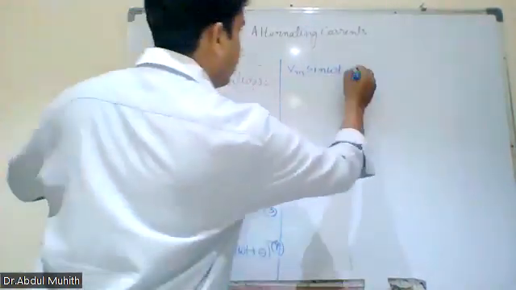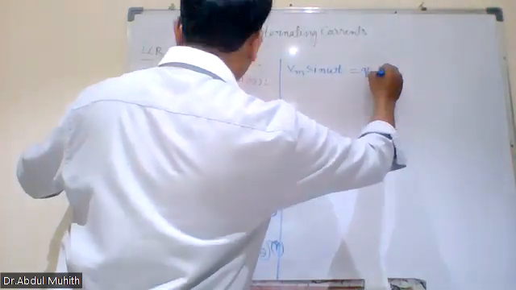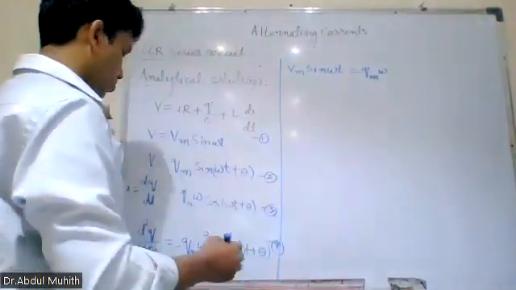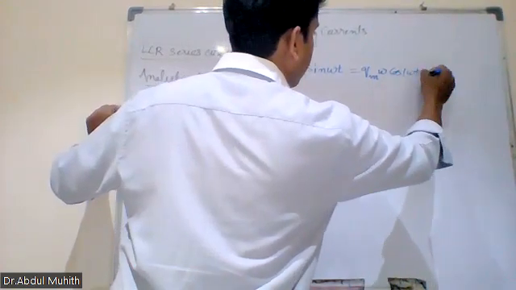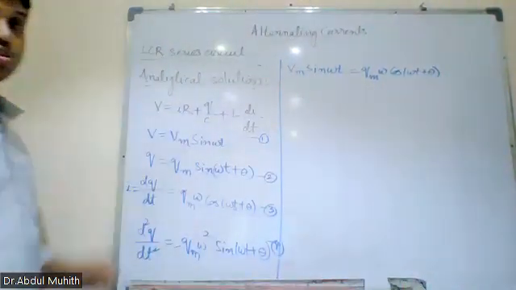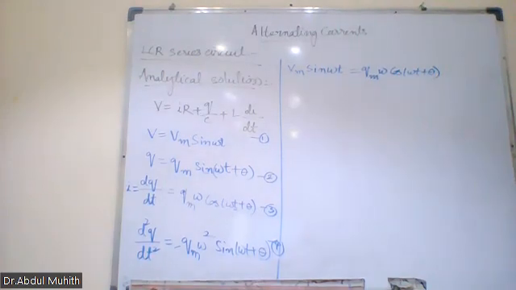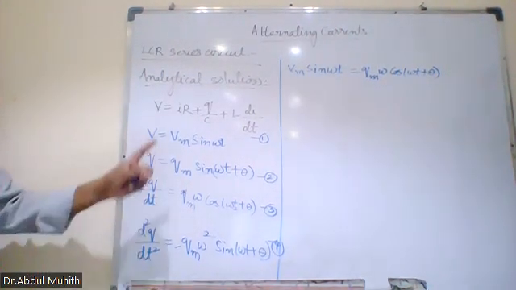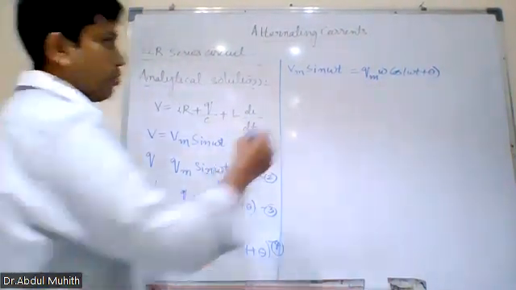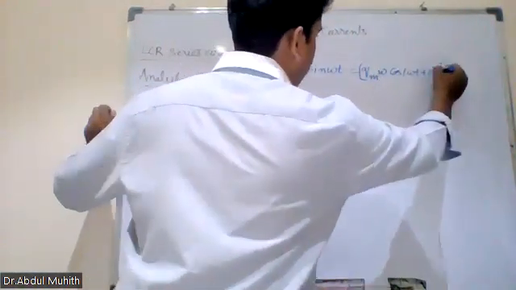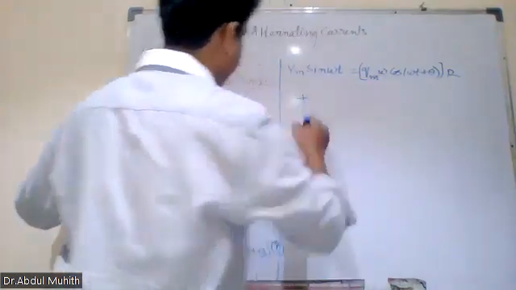I'm writing here Qm into omega cos omega t plus theta. Is it clear? Now multiply that whole thing by R, plus what is the second term?